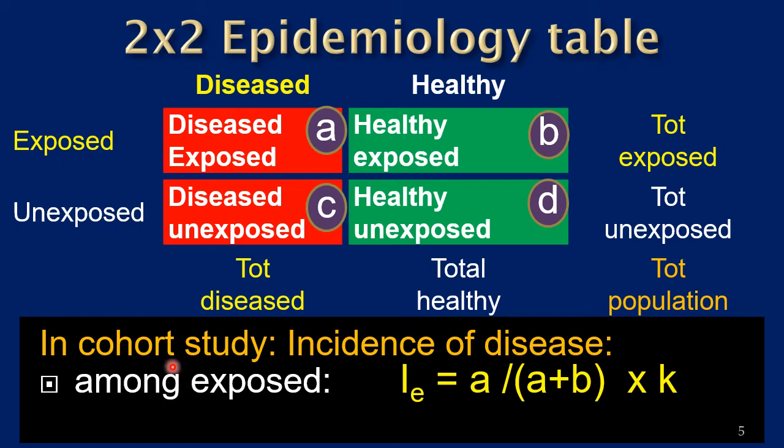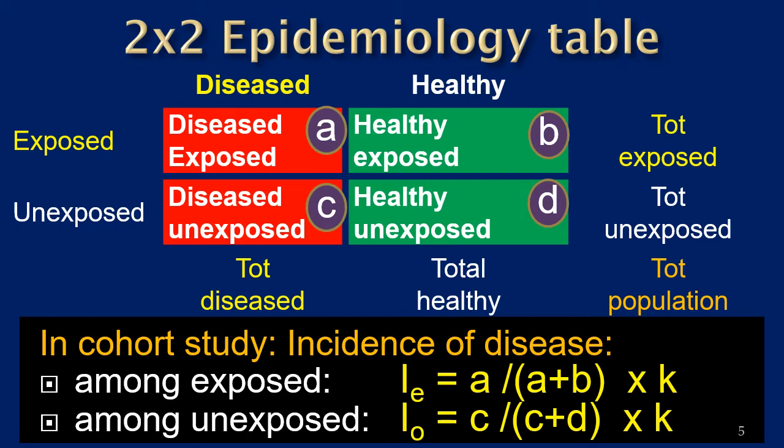Now, to apply this formula, the incidence of disease among exposed will be equal to diseased exposed divided by the total exposed, which means A divided by A plus B, multiplied by a constant.